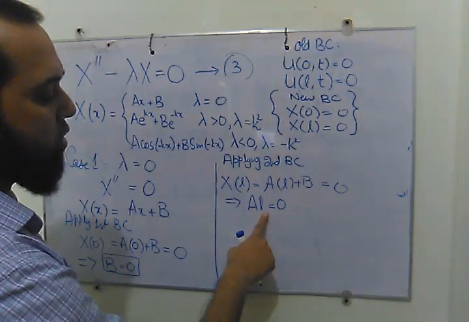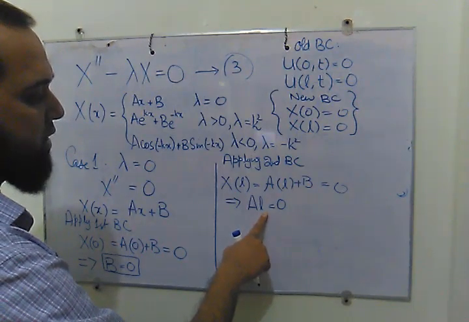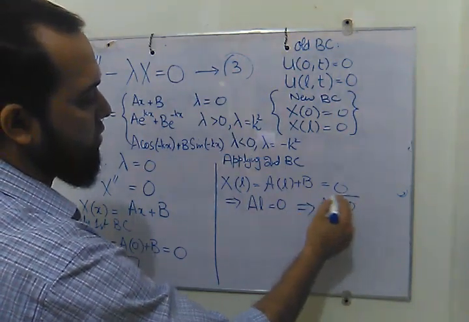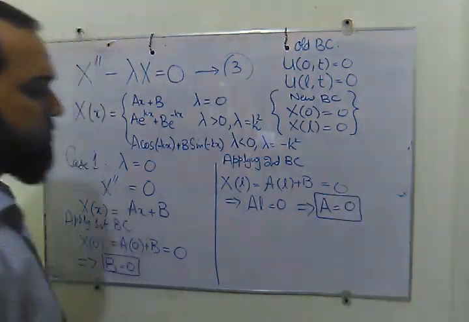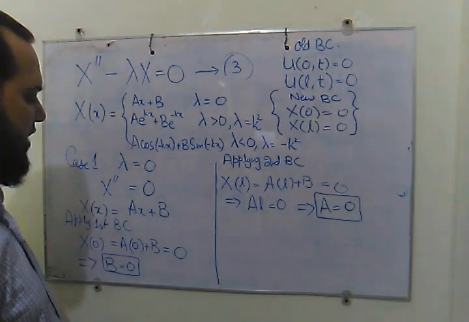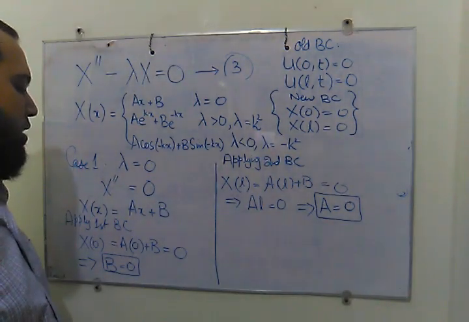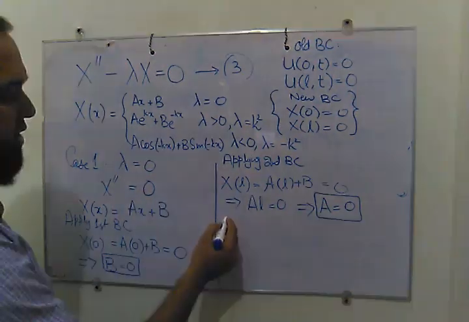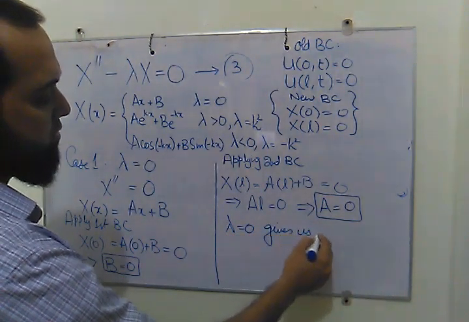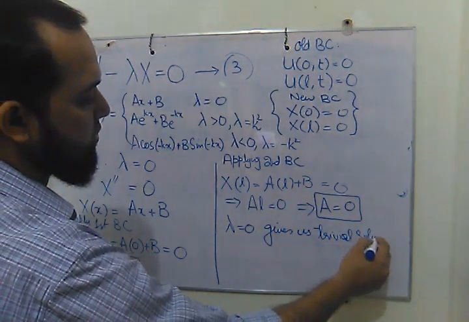Since L is the length of the rod, which is a positive number, the length cannot be 0. This means that a is equal to 0, we have no option here. Since both of the coefficients have become 0, we cannot use this solution anymore because it is of no use. This is called the trivial solution, which means that lambda equal to 0 gives us a trivial solution.